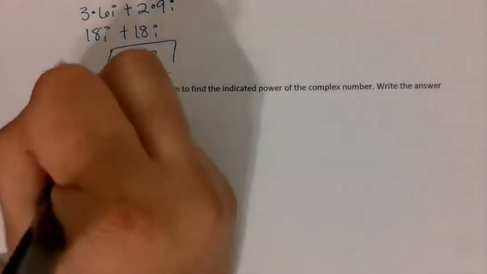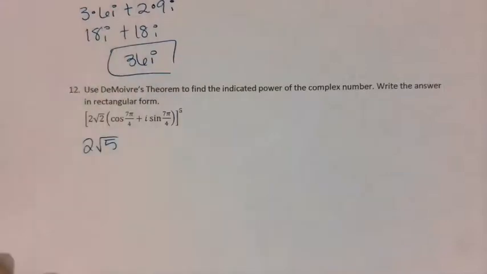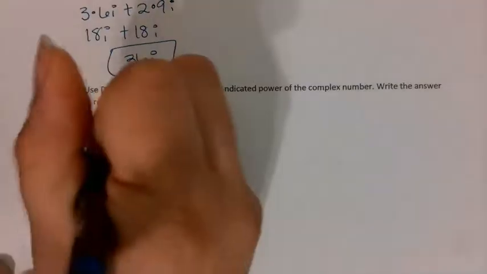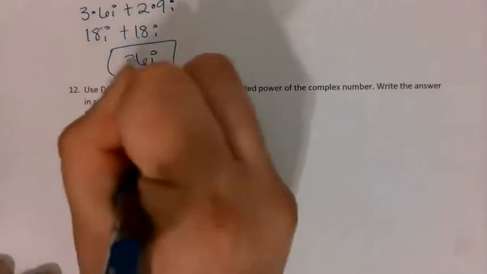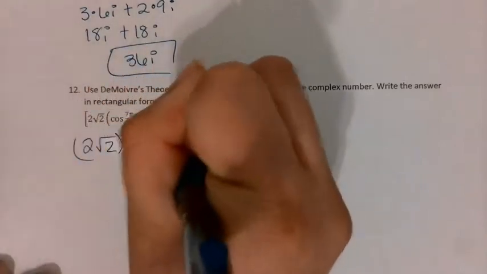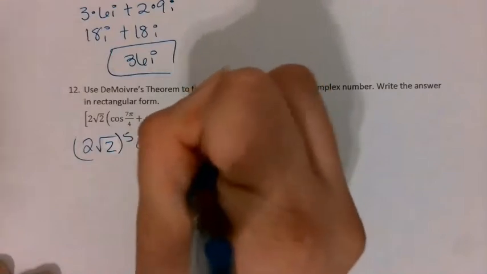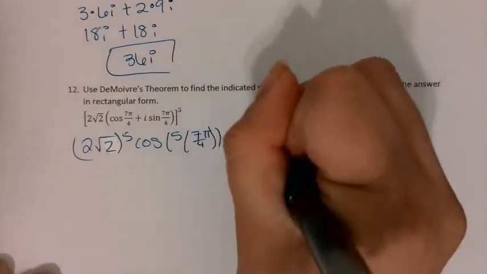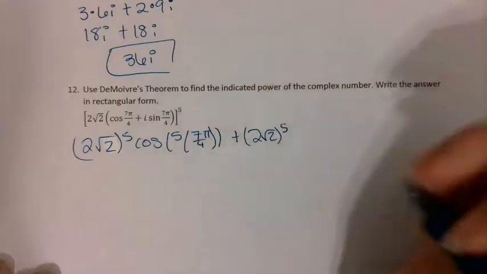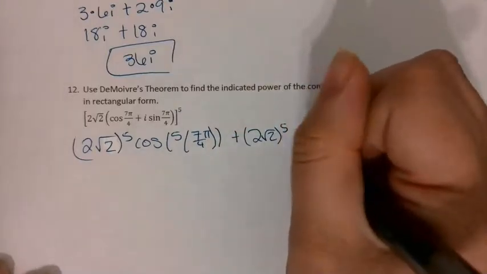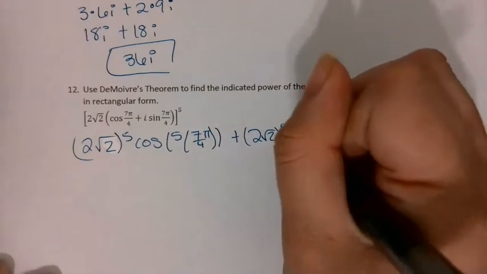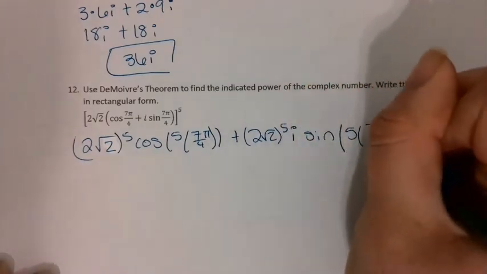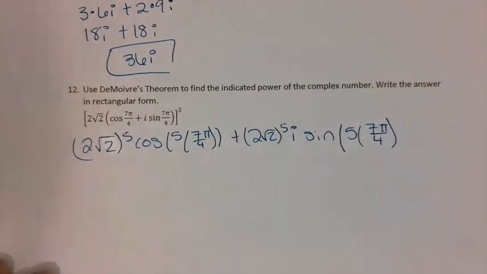So my exponent here is 5, so I have 2 square root of 2 to the 5th power times cosine 5 times 7 pi fourths plus 2 square root of 2 to the 5th power times i sine 5 times 7 pi fourths.